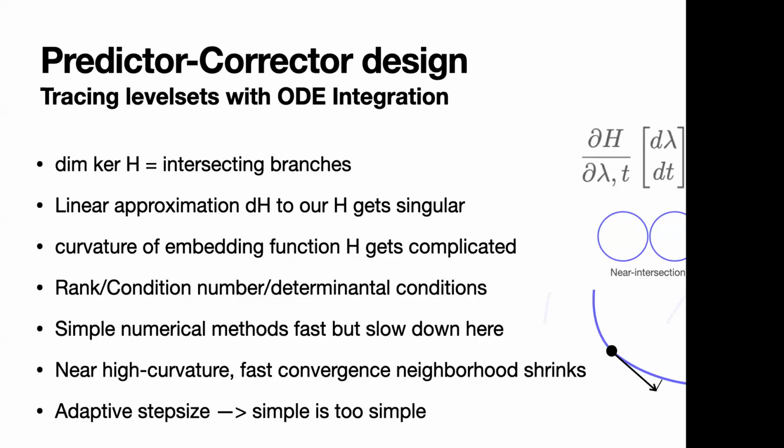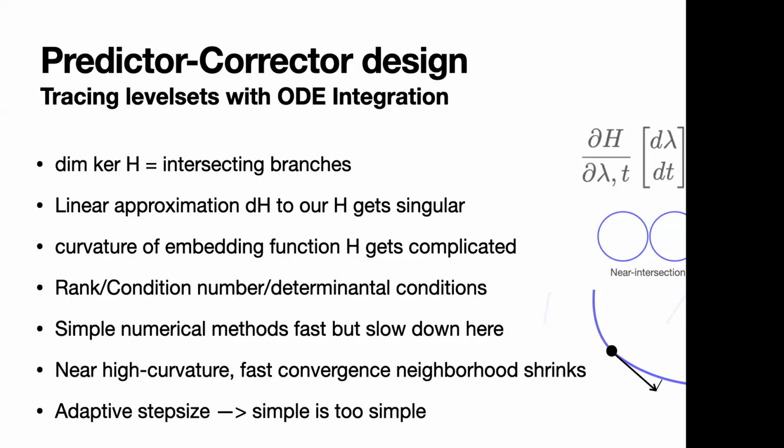You can use the rank, condition number, or determinantal conditions to try to spot where these problematic points are. There are some methods for polynomials that use Padé approximants to try to figure out, or at least control, the step size you take based on how close the singularity is to you.